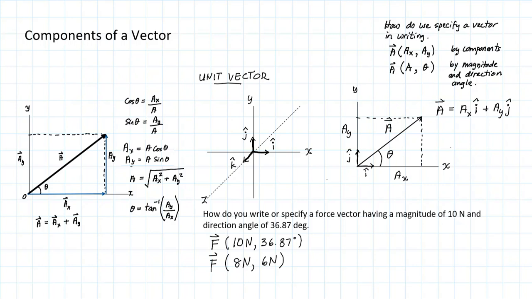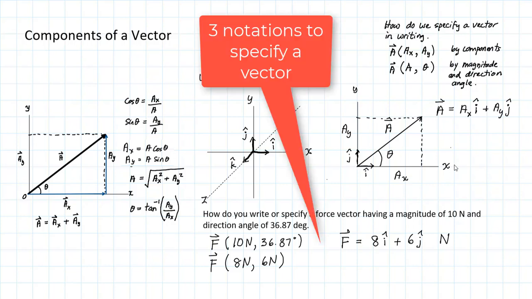And finally, in terms of unit vectors, this force vector can be written as 8 i unit vector plus 6 j unit vector. So these are the three notations used to specify a vector in writing.